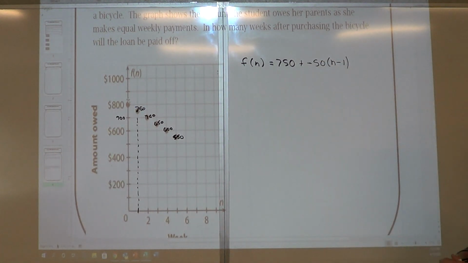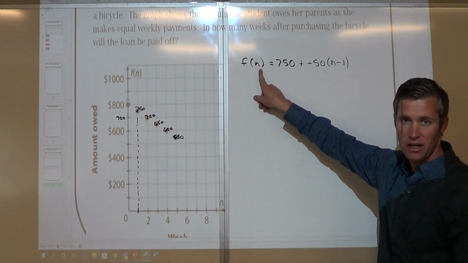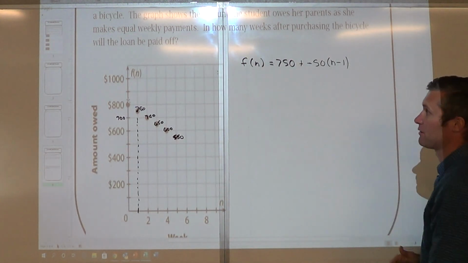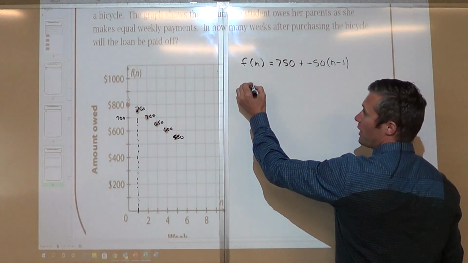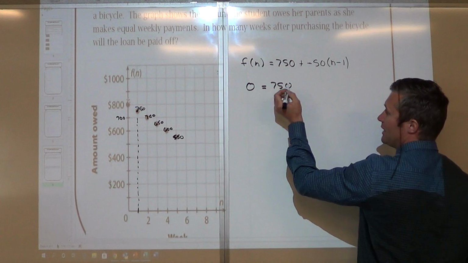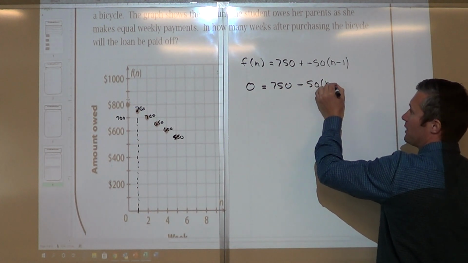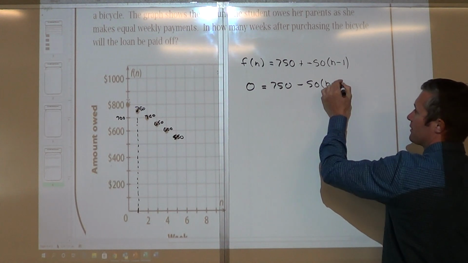Now, what we want to know is, after how many weeks will this be 0? Will she have no money left to pay off? So we plug in 0 for f of n: 0 equals 750 minus 50 times n minus 1.